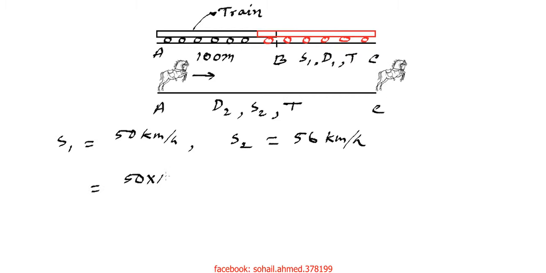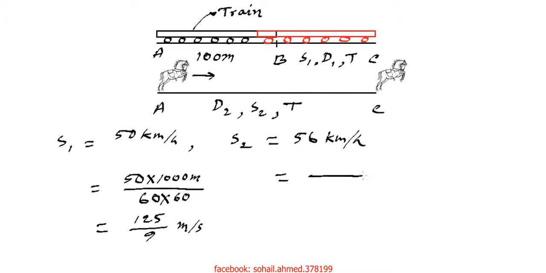So we can write 50 into 1000 meters divided by 60 into 60. 1 hour is 60 minutes and 1 minute is 60 seconds. So it will be 125 by 9 meters per second.